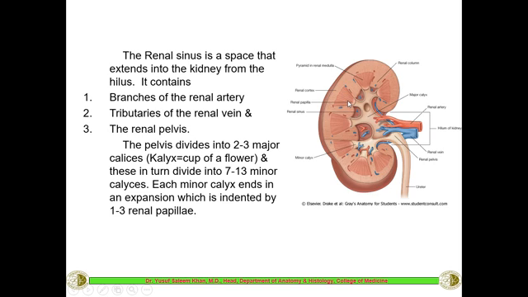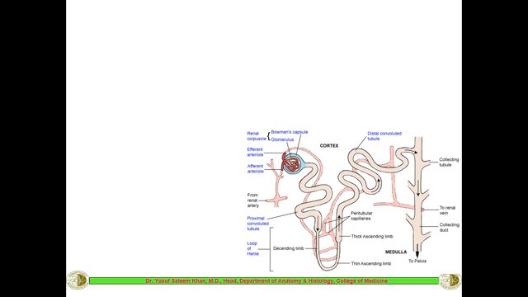To keep it simple, here they have shown only a single renal papilla opening into the minor calyx, but it can be 1 to 3. Renal papillae are nothing but the apex of the pyramids, which will be opening into the minor calyx. So the minor calyces are 7 to 13, and the major calyces will be 2 to 3.